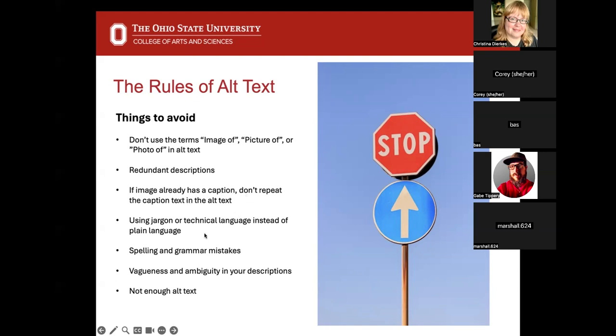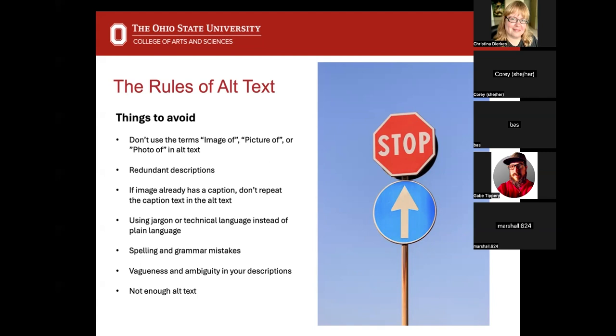If possible, you might want to avoid using jargon or overly technical language instead of just plain language. This is more like a general rule for everyone. It just makes your alt text more usable. Jargon and overly technical language resonates with a smaller audience who may or may not have the same level of familiarity as the general population or a layman, depending on what your image is about.